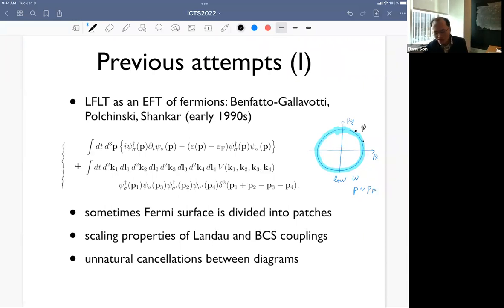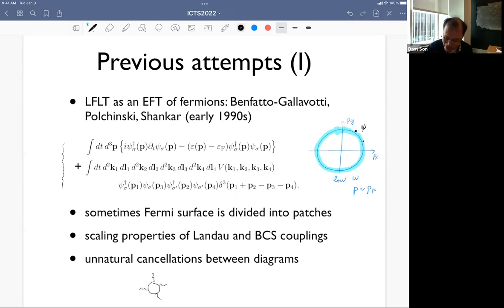Now, technically, this makes things much more complicated. We do not know how to couple probe fields naturally, for example electromagnetism. Coupling gravity to that theory would be even more complicated. We don't know how to do that. That might be a technical problem, but I think more of a problem is that this action includes in itself certain cancellations between certain diagrams.